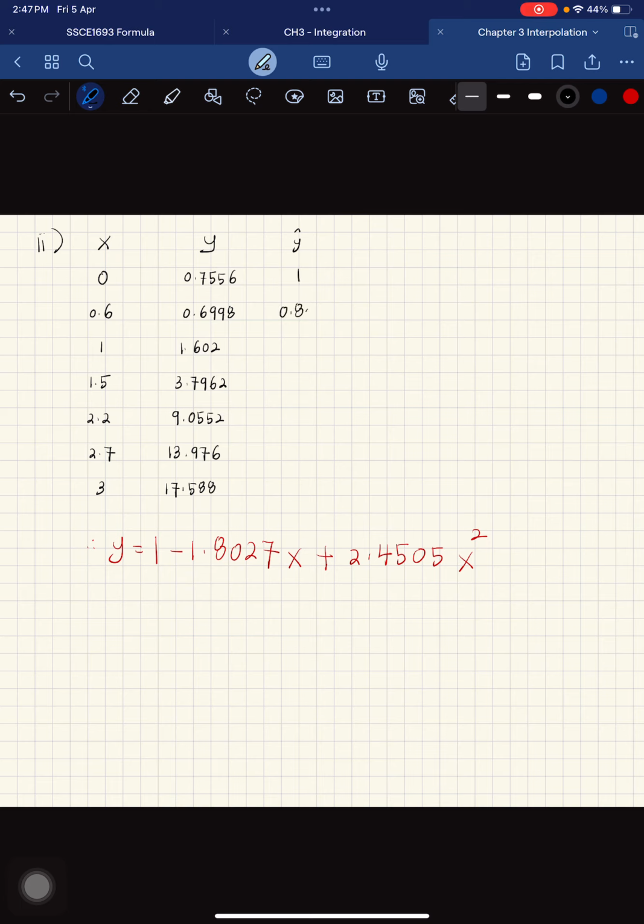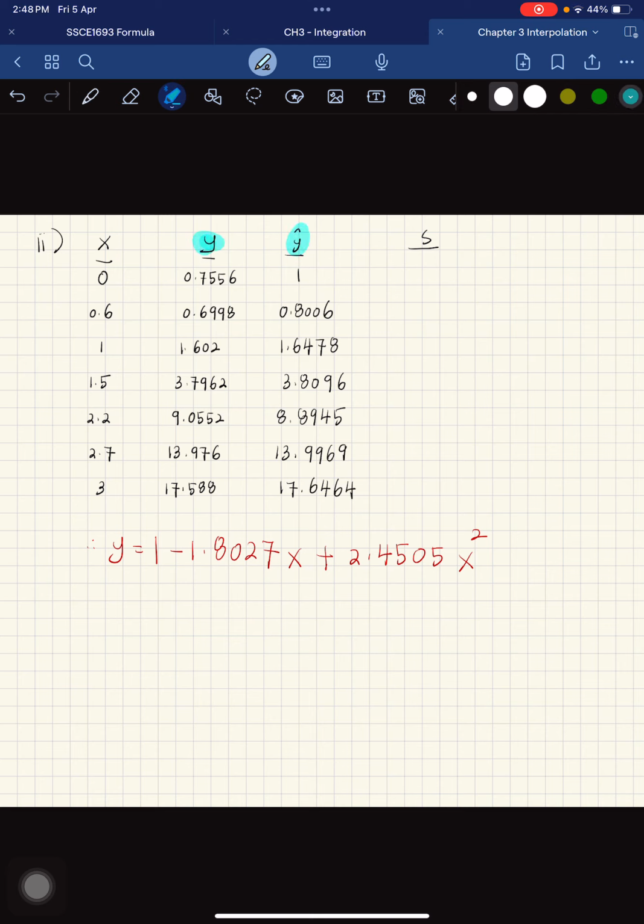Okay, this is my answer, but you need to check. 1.6478, 3.8096, 8.895, and then 13.9969, 17.6464, and then S, this value you minus with the estimation of y, and then you square, you will get, this is my answer, but please check.